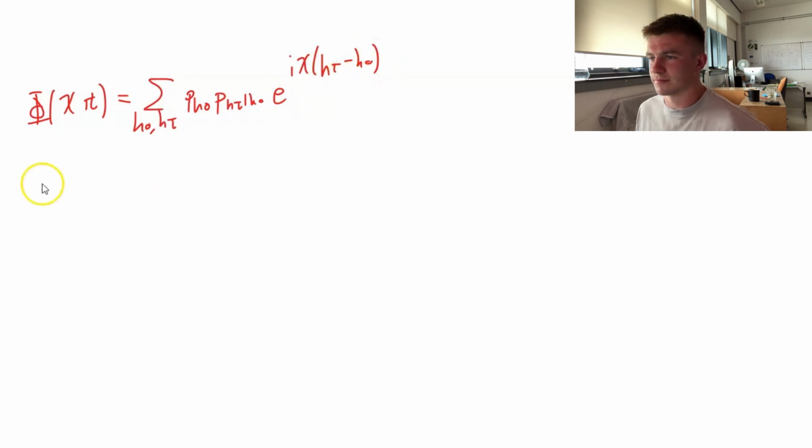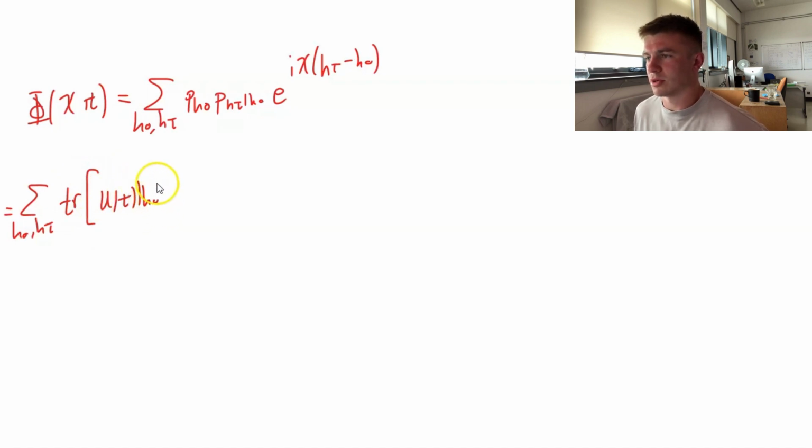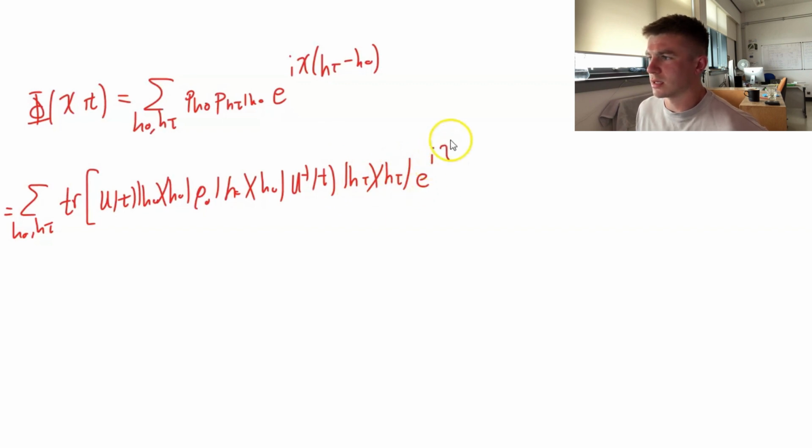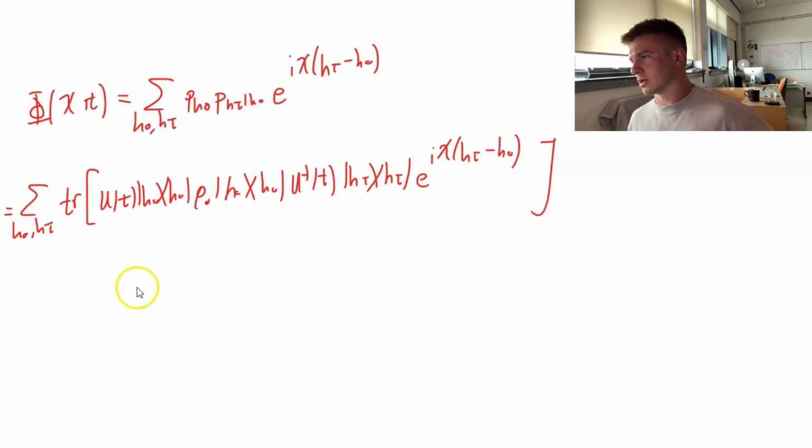Okay, so the two probabilities we found on the last slide is going to be trace U(t) H_0 ρ_0 H_0 U†(t) H_τ, e^{iχ(H_τ − H_0)}. Okay, so this looks complicated as anything, right? So let's try and simplify things.